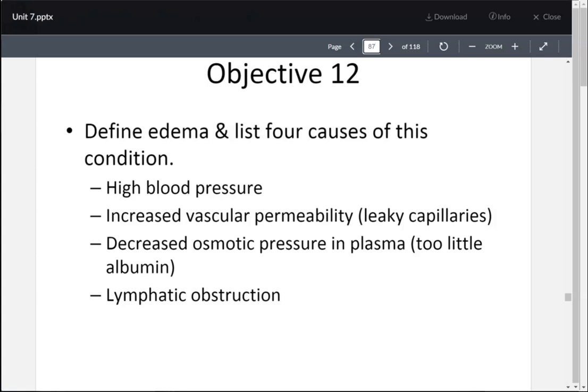And that is edema. Edema is abnormal tissue swelling due to an increase in fluid. Now, this happens naturally all the time whenever you cut yourself, and most of the time you don't even realize it. More serious wounds, more serious injuries, you'll get more swelling, more edema.